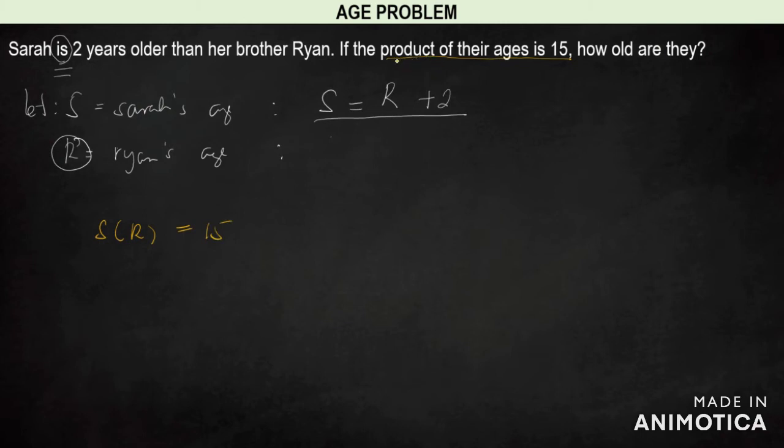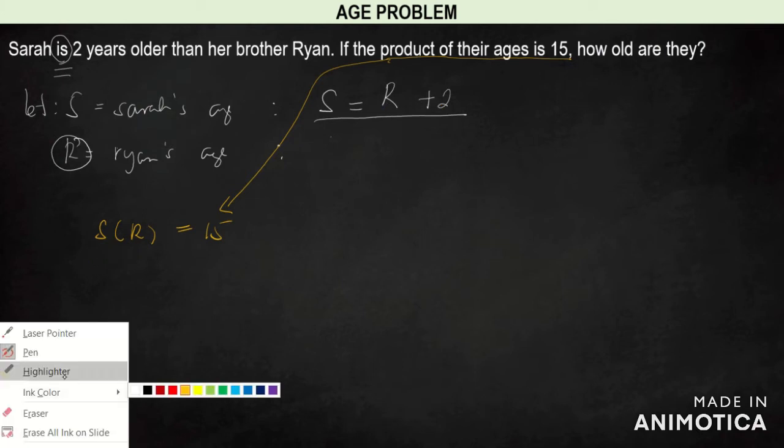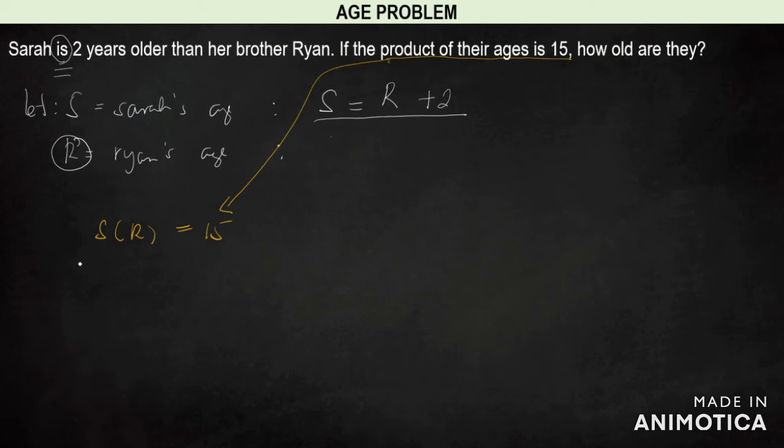Ito ibig sabihin yan. Then we substitute. Ano ba ang age ni Sarah? Sarah is 2 years older than Ryan. So, we substitute. We have here S is R plus 2 times R is equal to 15. Okay, notice, iisa na lang ang variable natin. So, ibig sabihin, pwede natin ma-solve ang problem.